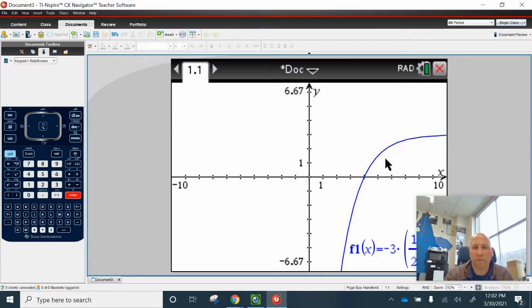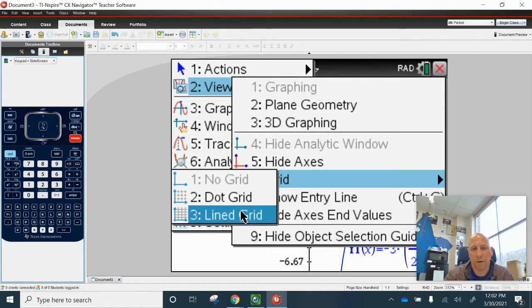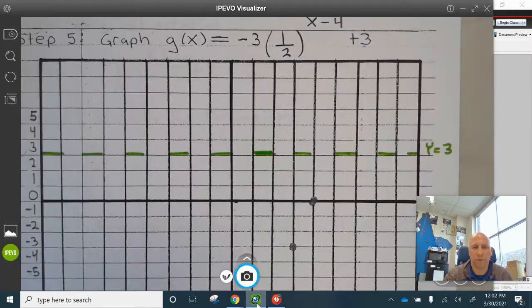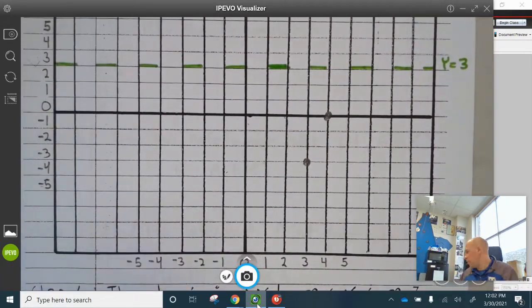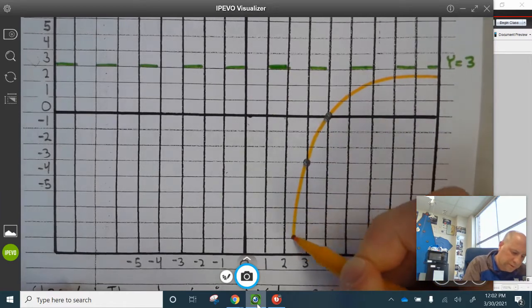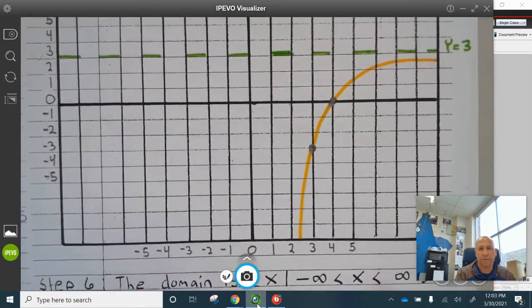We can see here we already have reference points, and if we go to menu, view, grid, line grid, we can see our horizontal asymptote y equals 3, and the graph's coming along here and going down. So we know that our graph is going like this. All right, go ahead and finish up your graph.